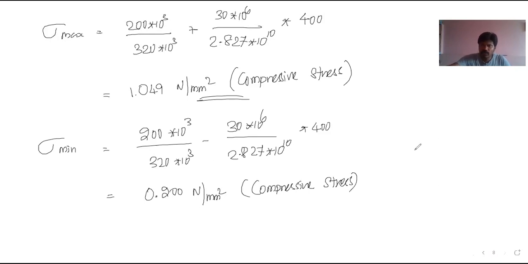Now I have to draw the stress distribution diagram. This is the neutral axis line. Here it is positive and here also it is positive. At the column end, both are positive.